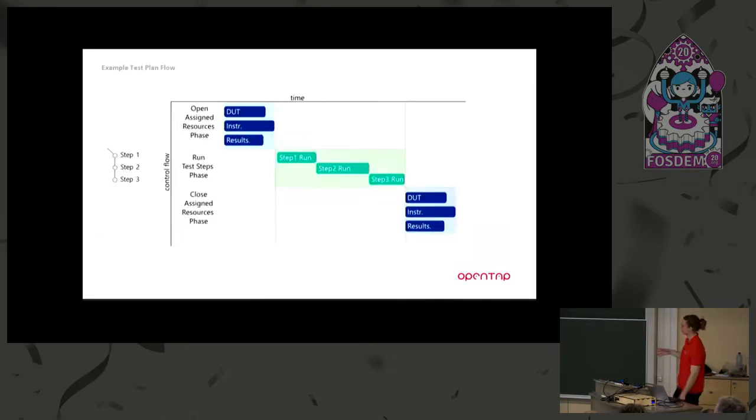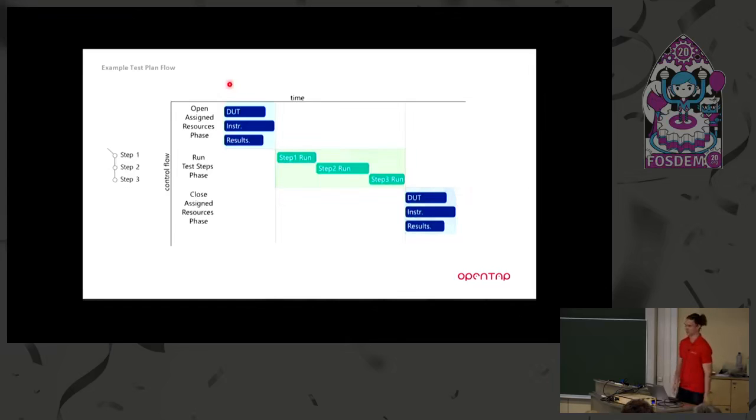So we talk a bit about test execution flow, just to explain how these things work. Here you have a very simple test plan of 3 test steps that we want to run after each other. First, the test plan will figure out which are the required resources for this test plan, and then it will open or connect to them.